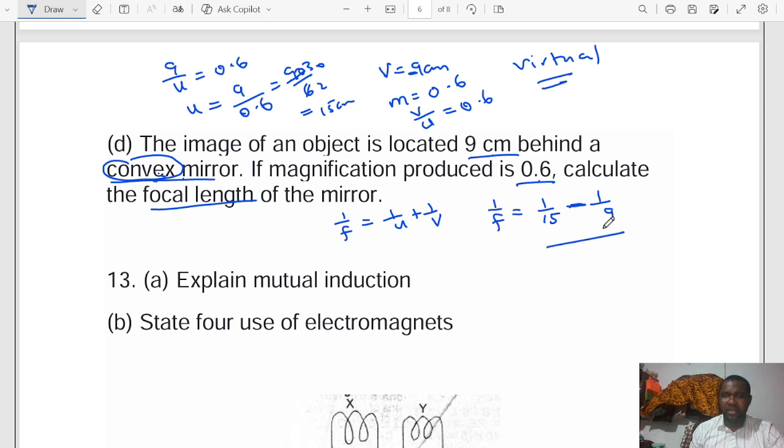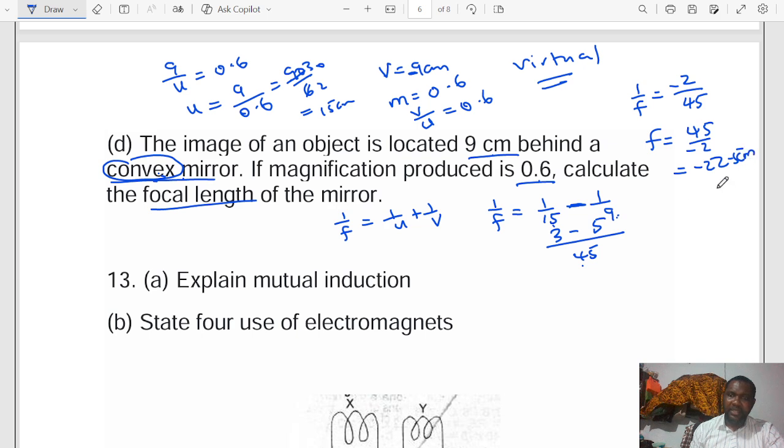The LCM between 9 and 15 is 45. 45 divided by 15 is 3, 3 times 1 is 3. Minus 45 divided by 9 is 5, 5 times 1 is 5. So 1 over f is equal to negative 2 over 45. So the focal length is 45 over negative 2, which is negative 22.5.